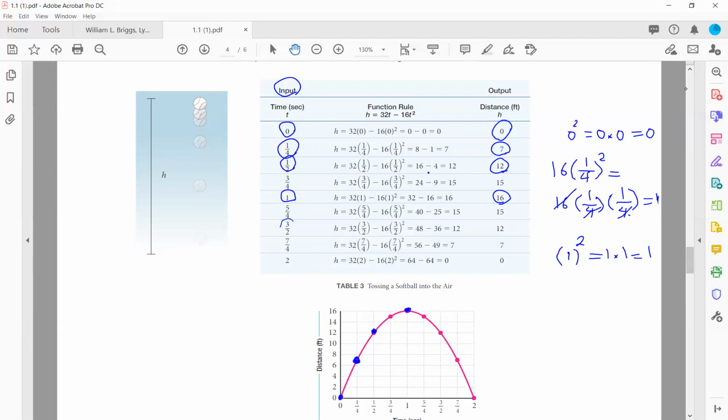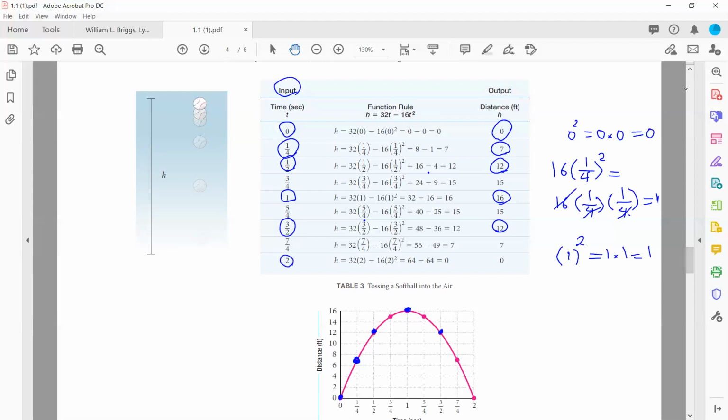We can plug in 3 halves. The distance or the y value is 32 times 3 halves minus 16 times 3 halves squared, which is 48 minus 36, it gives you 12. Y value is 12. 3 halves gives you 12. Finally, the last number in the domain is 2.